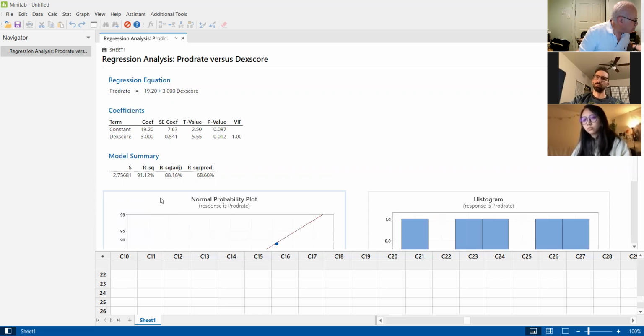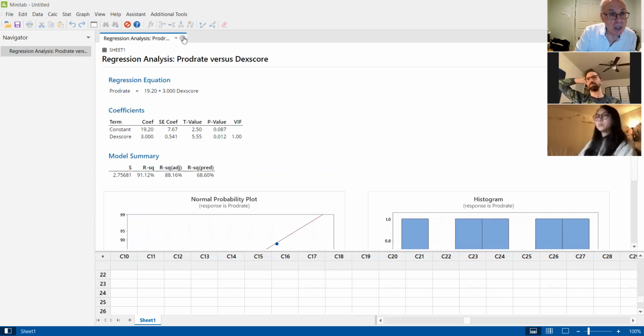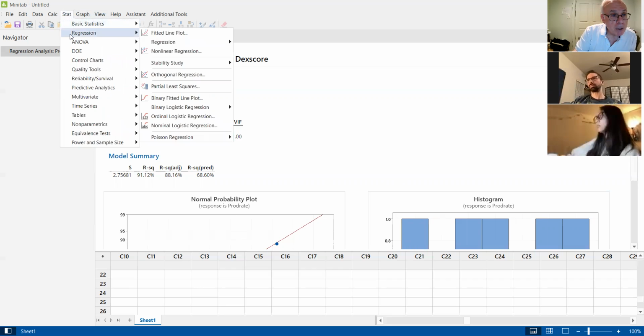Let's see, it says select options in this. Now, where are the options? Let's see. Close. That's not options. So where is options? Anything in here for options? Let's go back to regression.